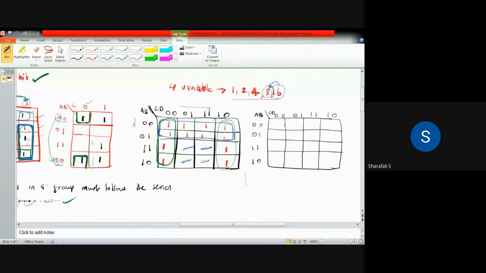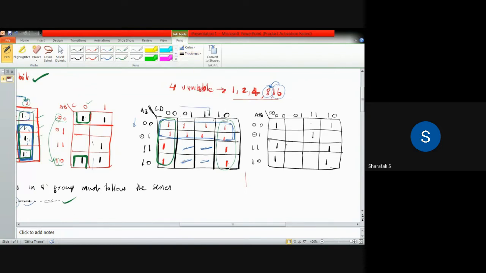Let's consider these are having values 1 here, 1 here, and so in this case you can see these different values here. So how can we group in this case?